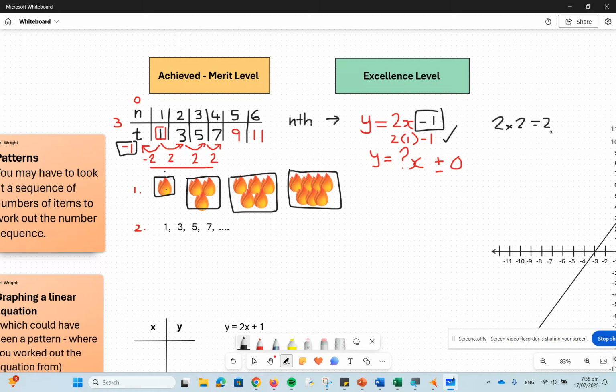So I look down here and I go, okay, if n is 2, then 2 times 2 gives me 4, but there's a 3, so I have to go minus 1. So again, I get back to minus 1.